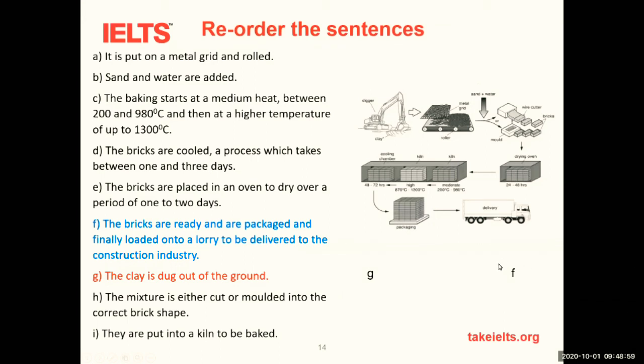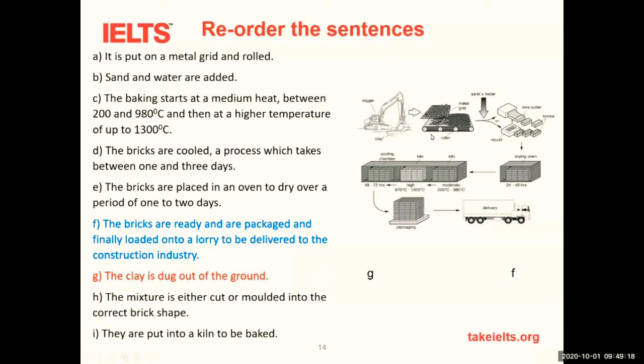And the last thing is F, the bricks are ready and are packaged and finally loaded onto a lorry to be delivered to the construction industry. Okay, so let's do this together step by step, okay? So G, the clay is dug out of the ground.